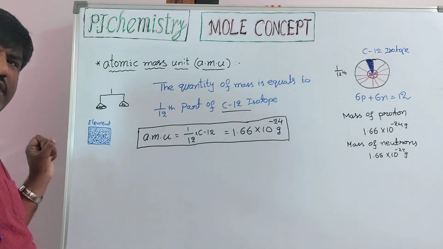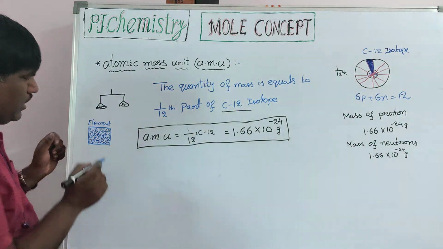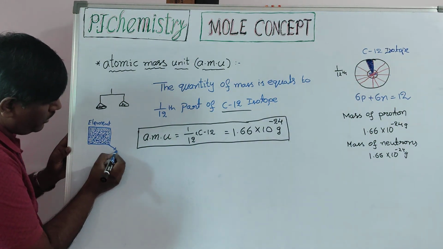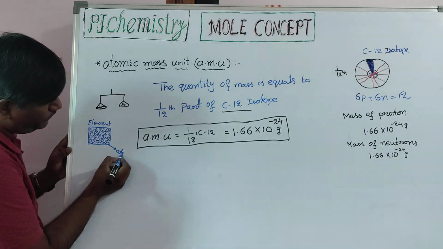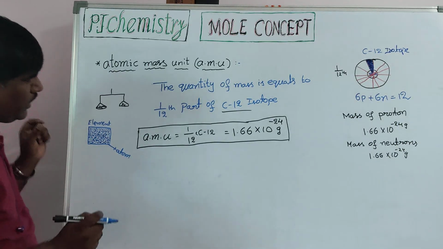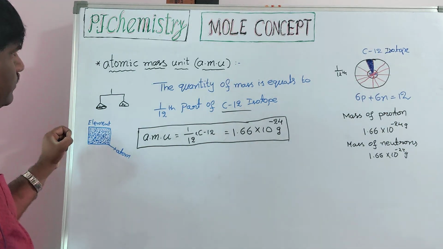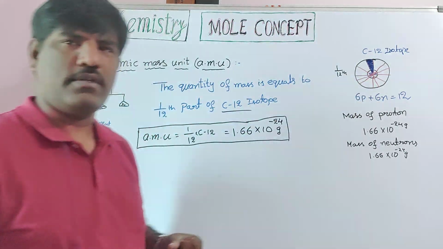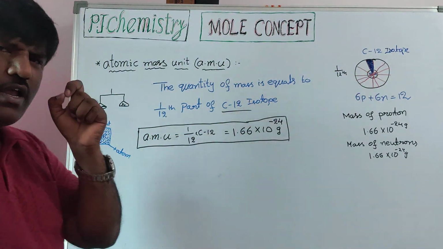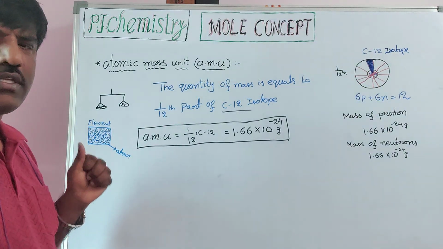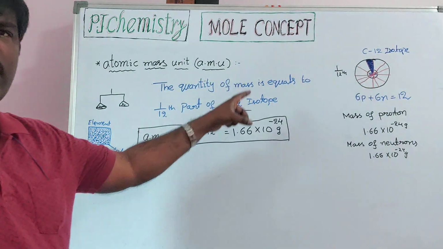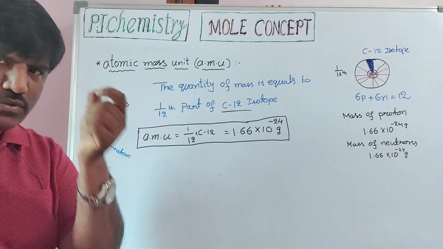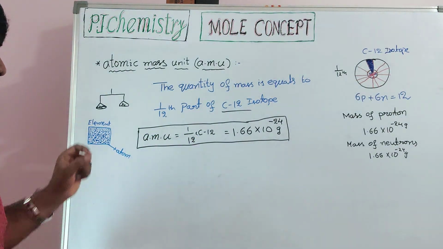Just this one small particle, we already know that is an atom. That atom we took here, we divided into 12 parts. In that small atom, 1 by 12th part is what we consider as AMU, atomic mass unit, just a unit.